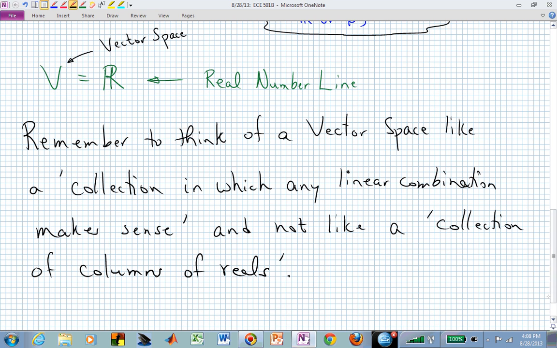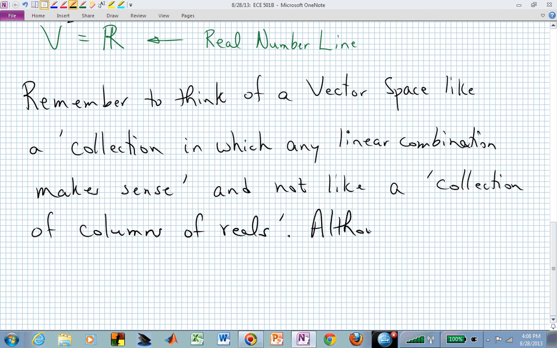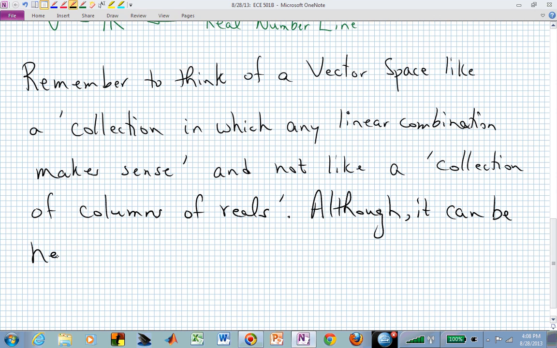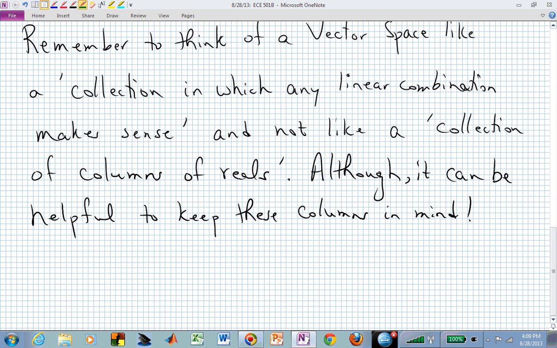Although we still want to be able to draw from that strength that we might get from our memory of vectors being this column of reals, it can be, let's say, helpful to keep these columns in mind. Let's look at some maybe more general ideas of vector spaces.